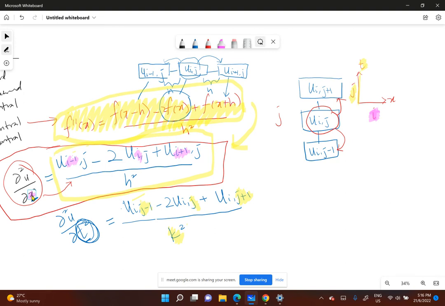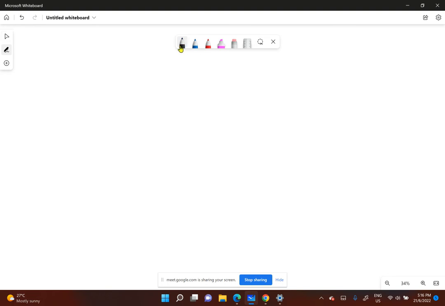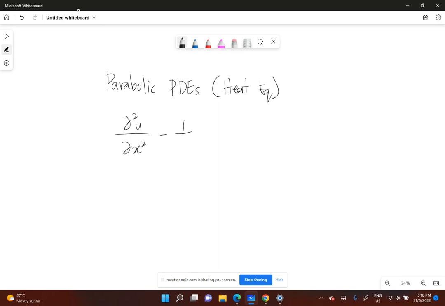Okay. So, baru nak mula dengan heat equation. Tadi saya explain how we change to the finite difference form. So, kita sekarang start with the parabolic PDE. So, kita start dengan heat equation. So, kalau heat equations, dia punya equation adalah macam ni. Second partial derivative of u respect to x, minus 1 over c square.